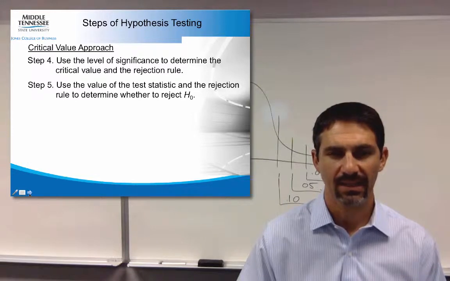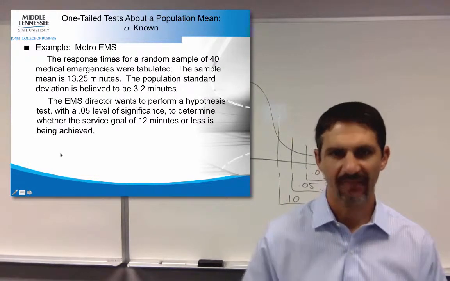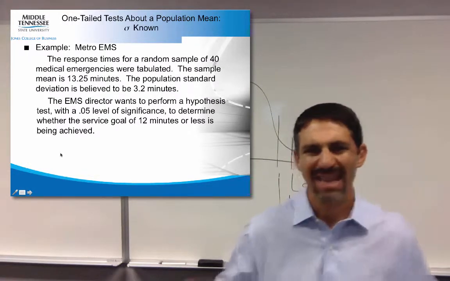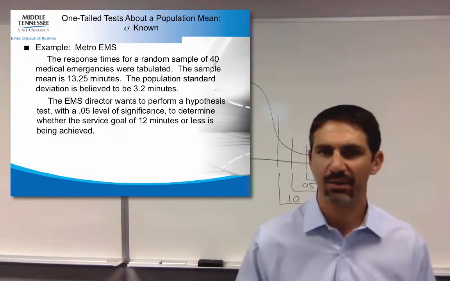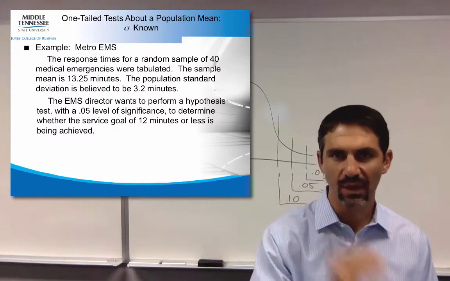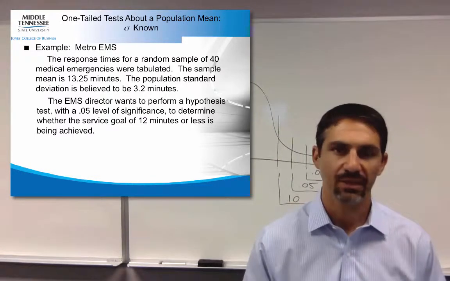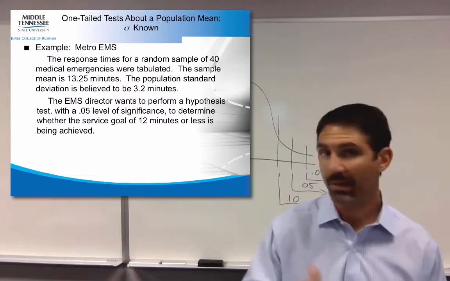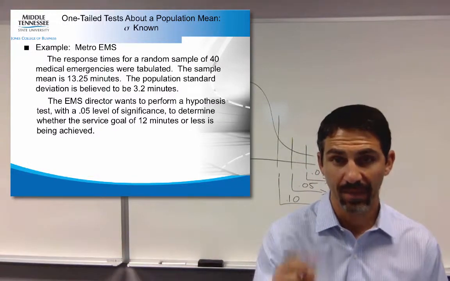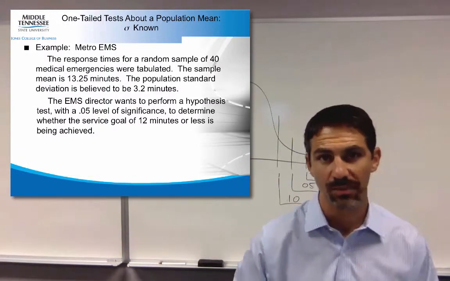So if I get to my example here, I've got response times, which I think are kind of important. You're going to want to make sure, if you're publicizing that your response times are 12 minutes or less, that becomes extremely important. And you don't want to be greater than 12. Now think about what 12 minutes or less represents.